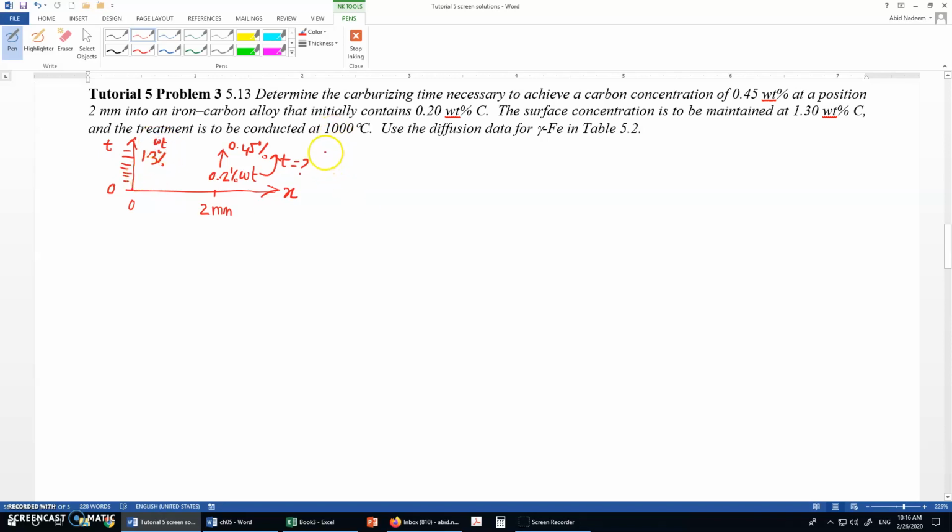Anyway, in terms of the symbols, the surface concentration is represented by Cs, which is 1.3 weight percent.